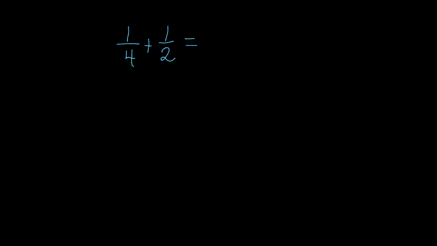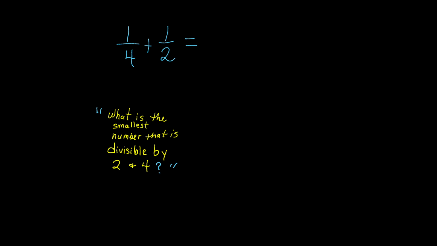So what is the lowest number that is divisible by 4 and 2? The question is, what is the smallest number that is divisible by both 2 and 4? So what does that mean, divisible by?